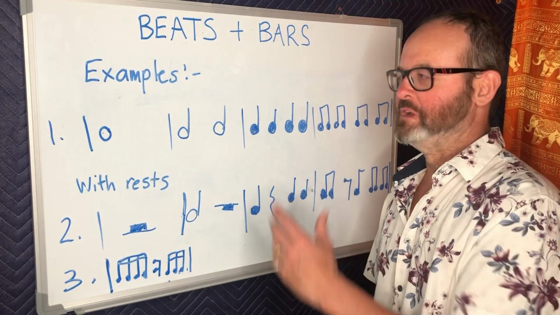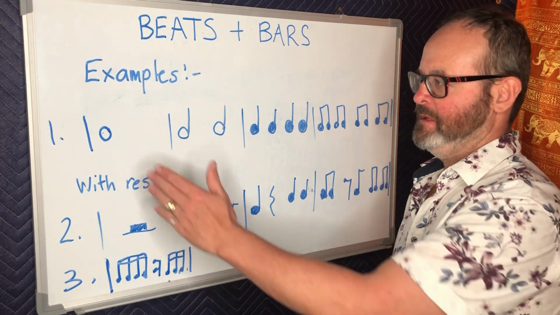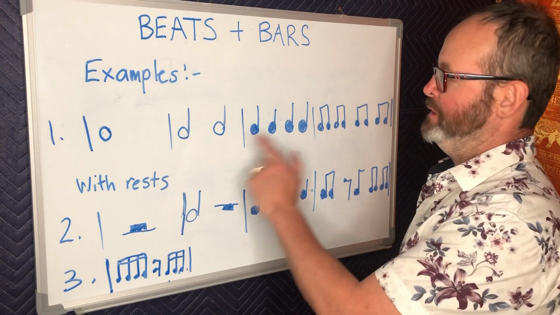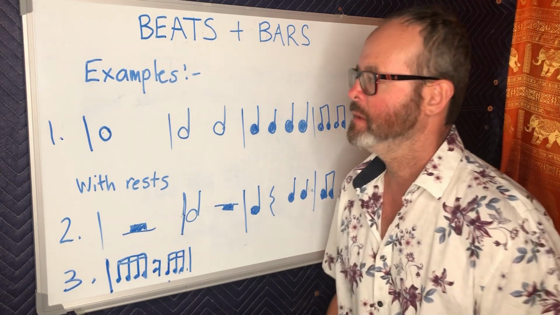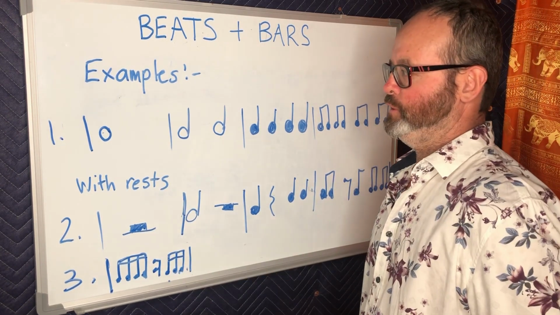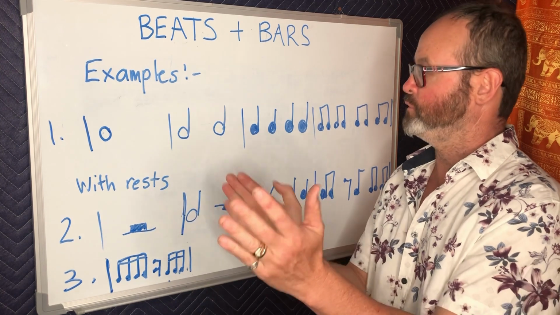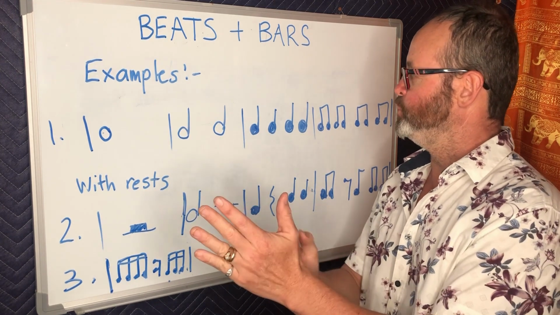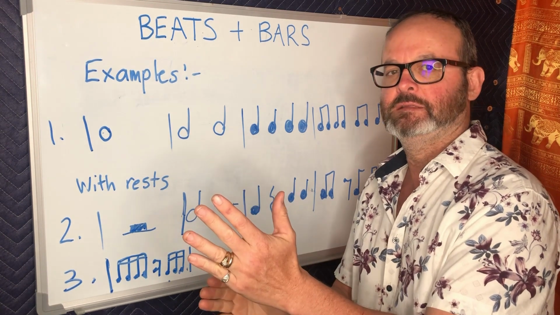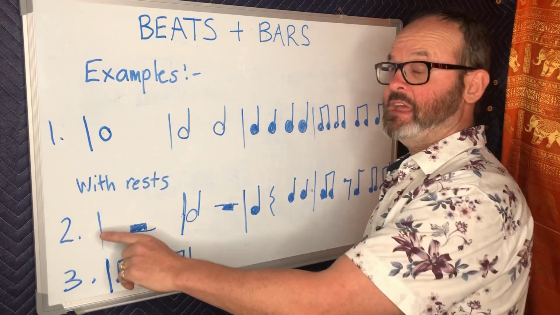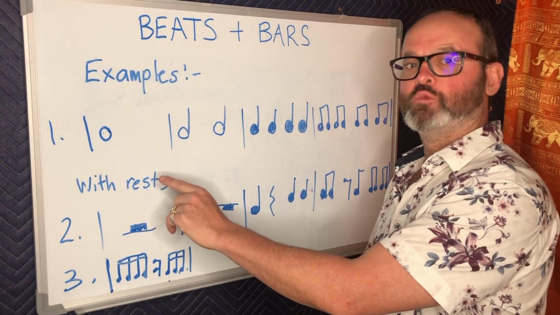So here are some more realistic examples. Example 1, if we were to count that out with some claps, it sounds like this: 1, 2, 3, 4, 2, 2, 3, 4, 3, 2, 3, 4, 4 and 2 and 3 and 4 and. Okay, with our second example, we're adding some rests.